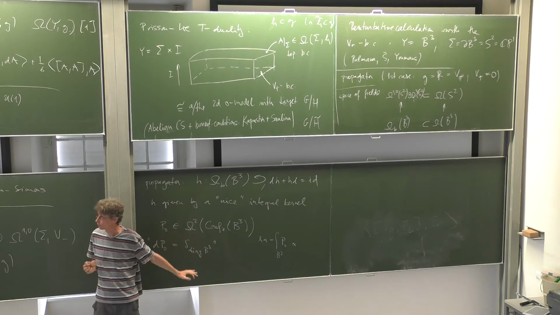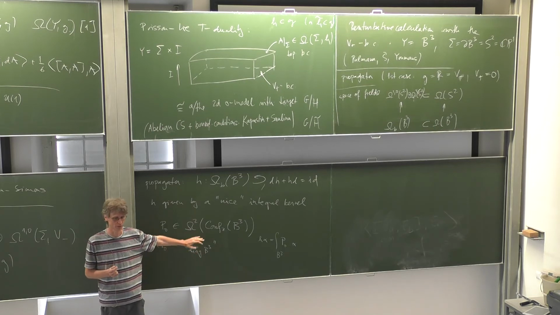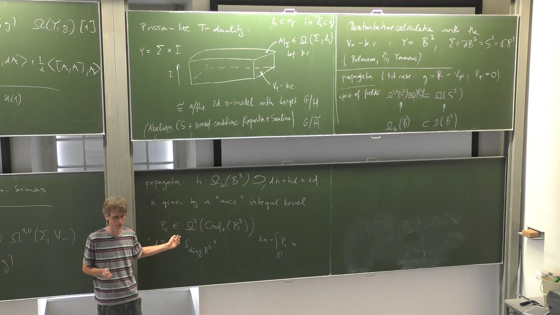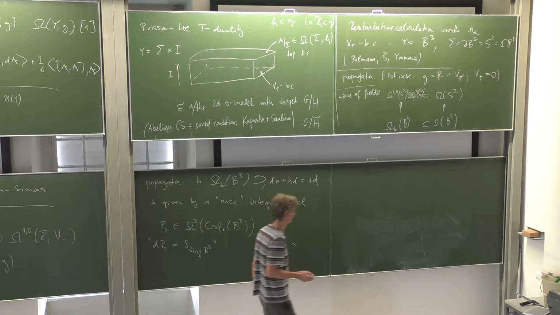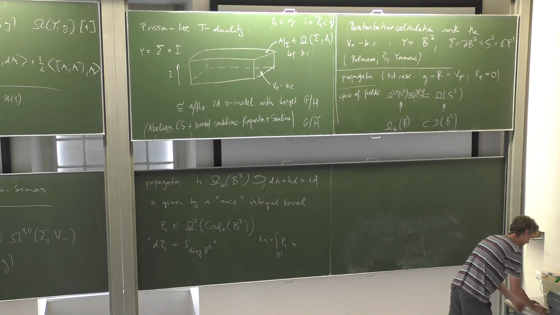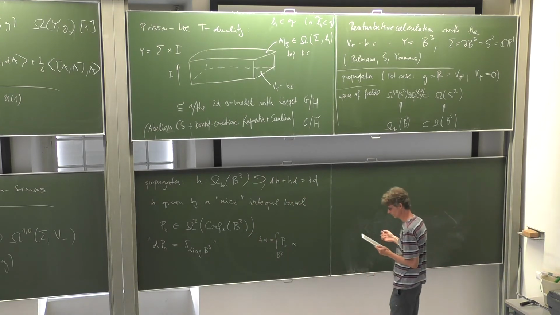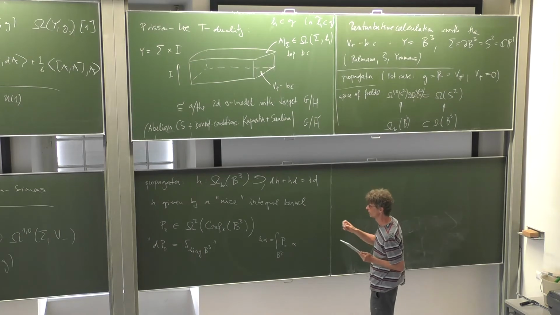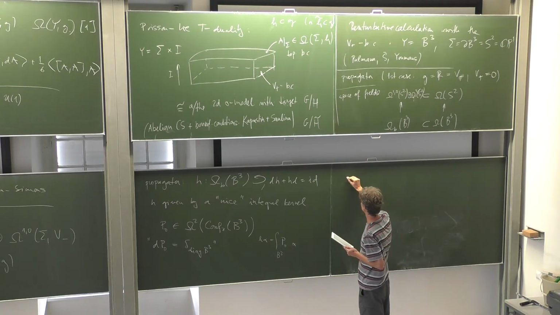It's probably trivial to find such a solution, but it took us a few months to find it, so I can tell you what it is. So now just some random formula. There is a two-form.